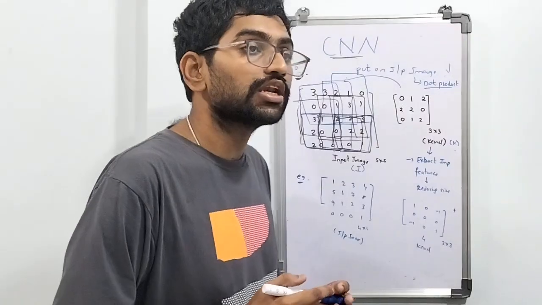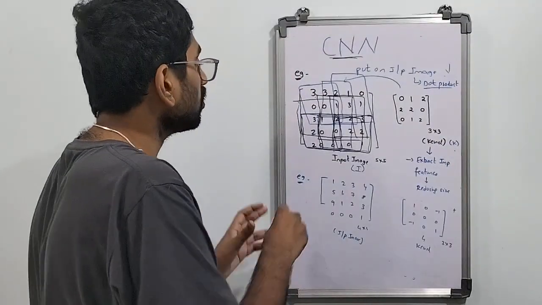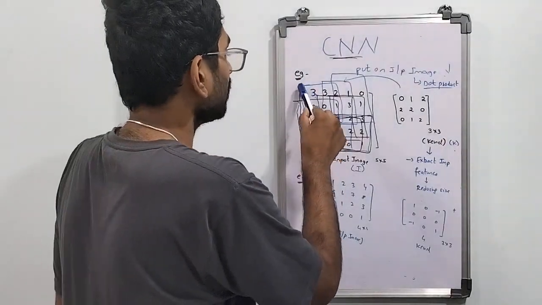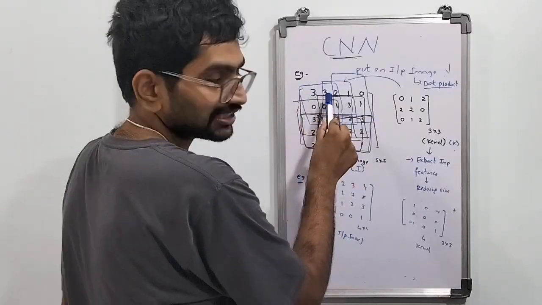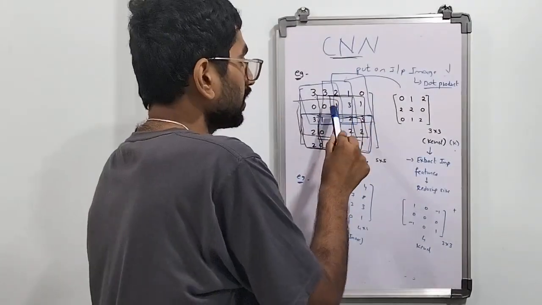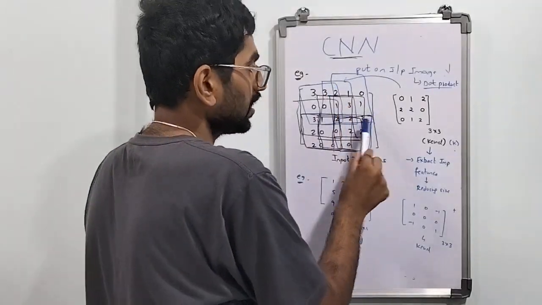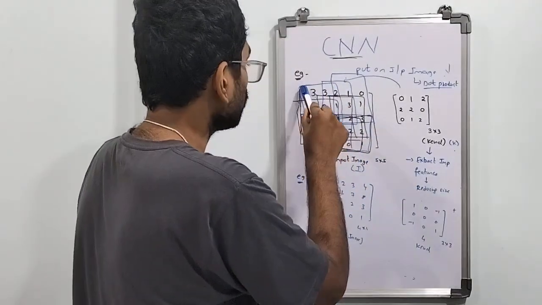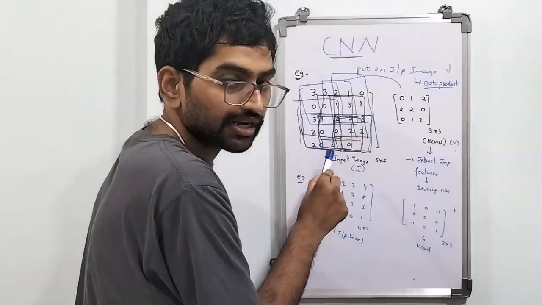So what does this stride do? See, here you saw in the above example, from this it will go to the next position, then it will do the multiplication, then from 2 it will go here and take the multiplication, then it will go 1 down and do the multiplication and all.